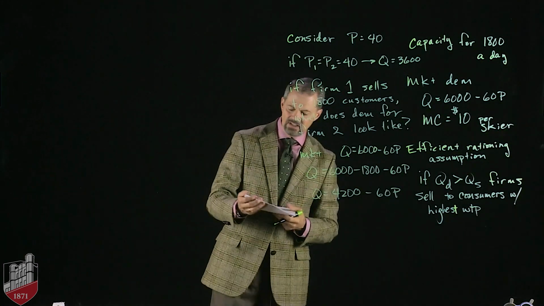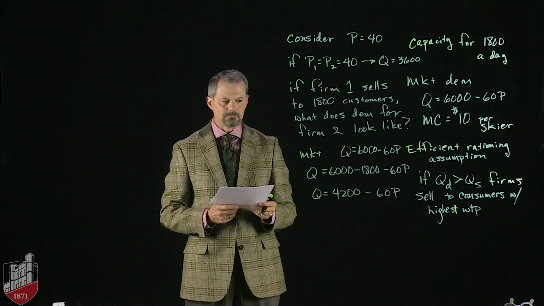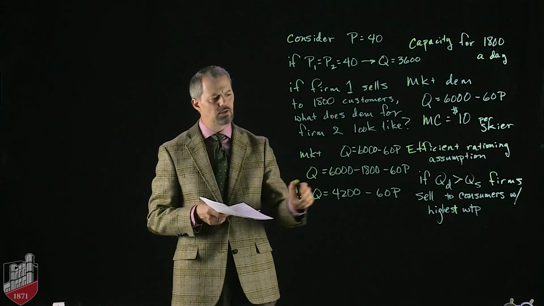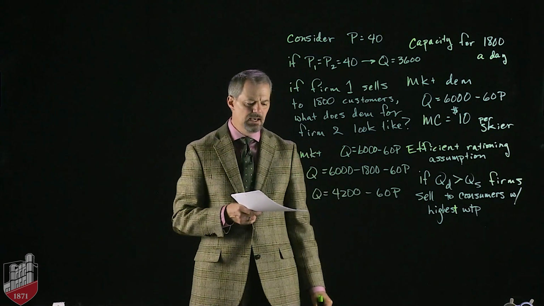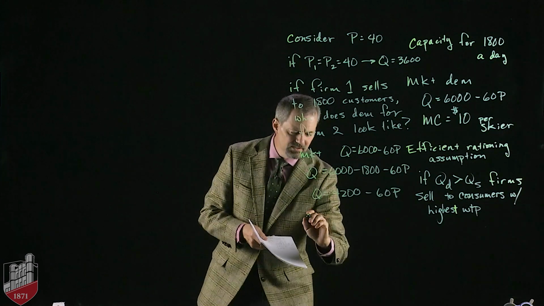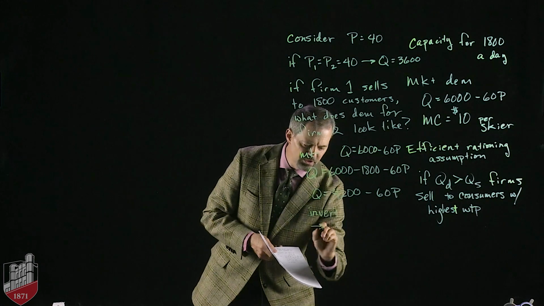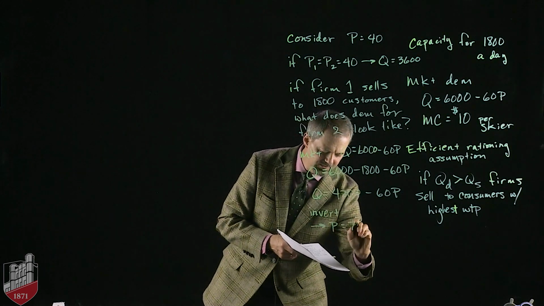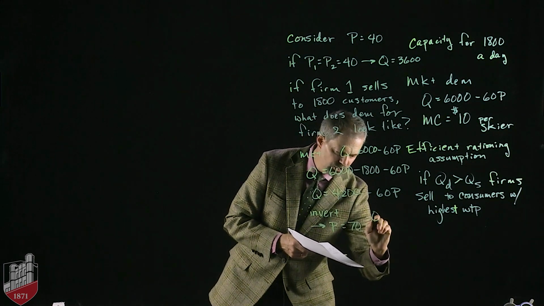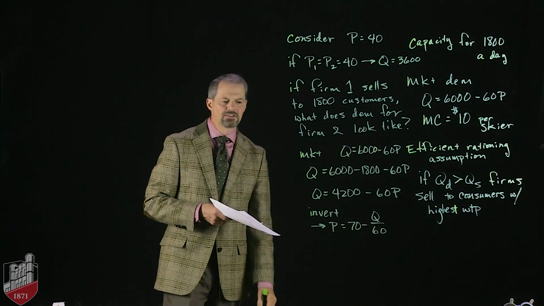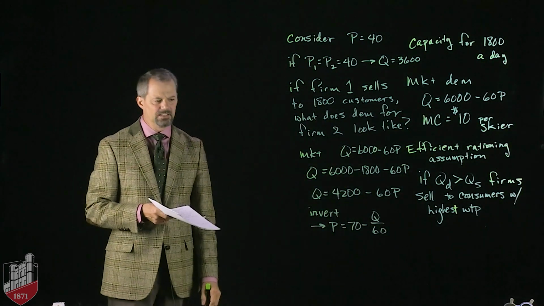Now we want to invert that. We need to set marginal revenue equal to marginal cost, so we need this in terms of P. If you invert it, nice simple algebra, you're going to get P equals 70 minus Q over 60. That's the inverse demand curve that firm 2 would face.